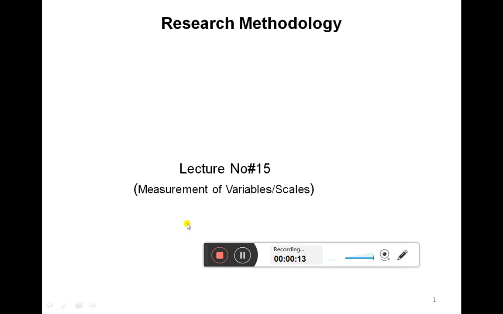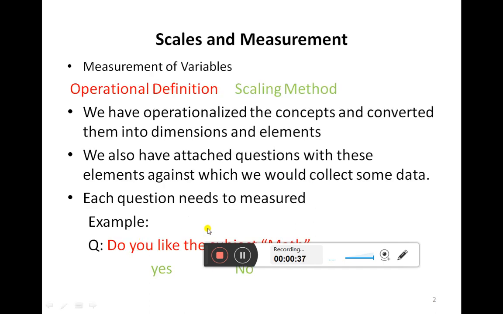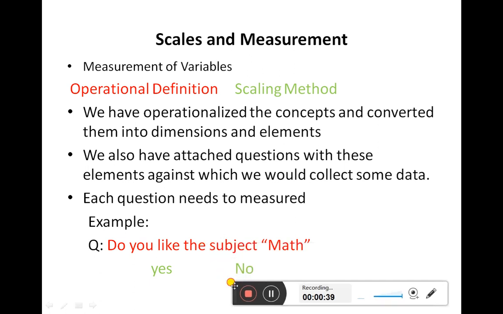Dear students, in the last lecture, we discussed the measurement of variables. In detail, I told you what measurement of variables means. It means that when we want to measure our variables, we need some methods and techniques.